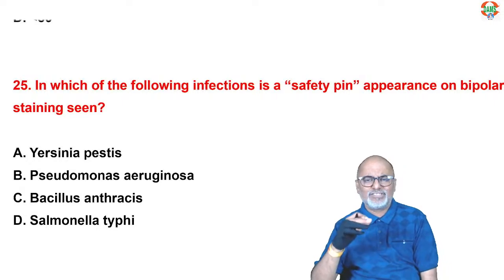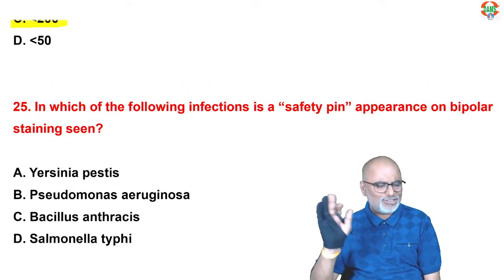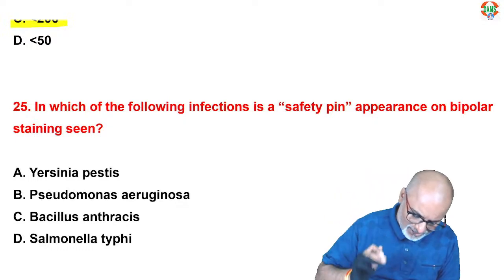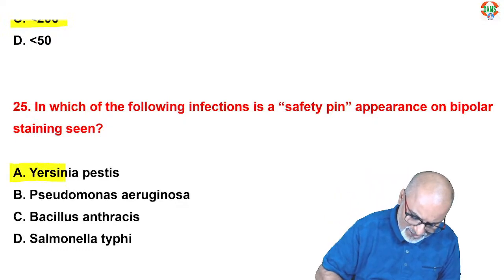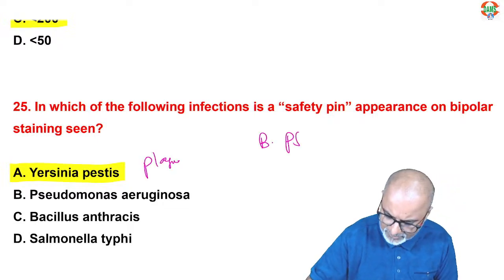Which of the infections shows safety pin appearance in bipolar stain? General question. Safety pin appearance is always seen in Yersinia pestis, plague. Apart from that, Burkholderia pseudomallei.